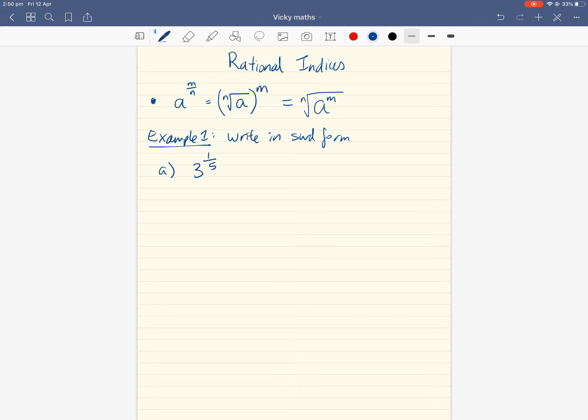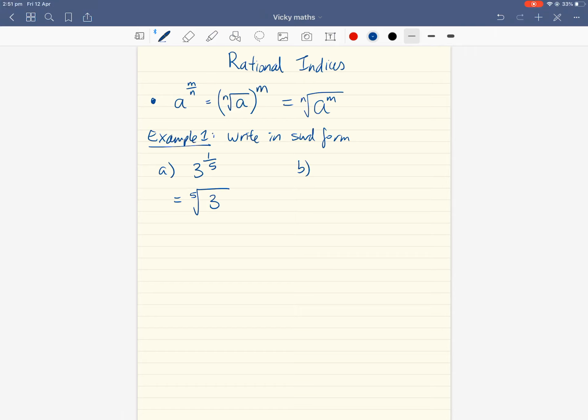The bottom denominator of the fraction is a 5, so we want the 5th root of 3. Remember, when you're writing 5th root, it's a small 5 at the side of the square root sign. It is not a big 5 root 3, because that's a different meaning. So it's a little 5 square root 3.